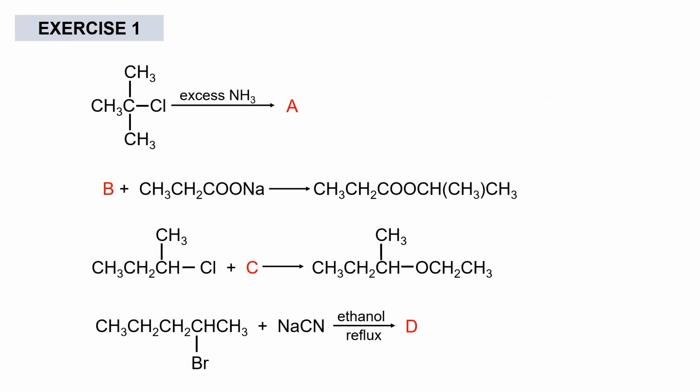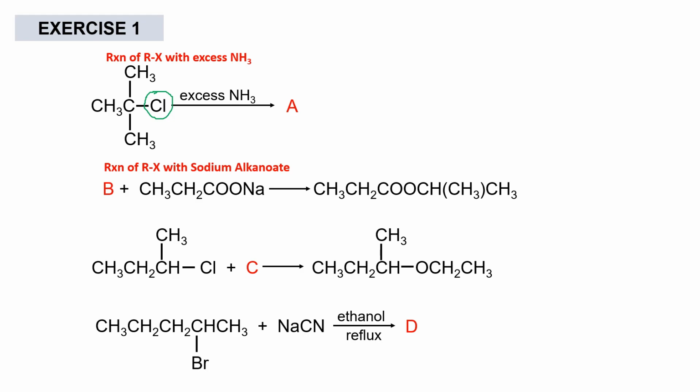Exercise 1. The first question is the reaction of haloalkane with excess ammonia. As we can see here, the chlorine atom will be replaced with the amino group NH2- to get a primary amine. For the second question, this is the reaction of haloalkane with sodium alkanoate.